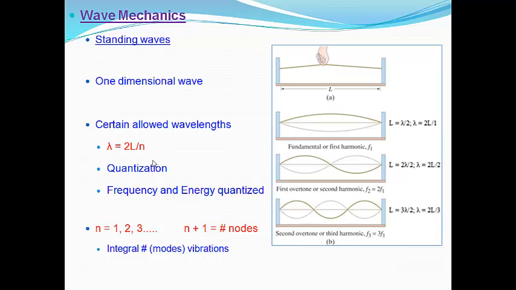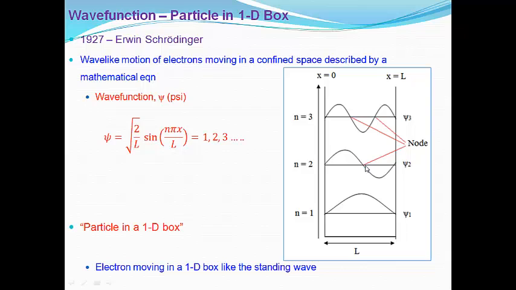You don't have any arbitrary values of wavelength, frequency, or energy, all because we're considering the vibration of the wave within a specific region of space, confined within a region as shown in this case. Alright? And so we can correlate the standing wave to the motion of an electron.